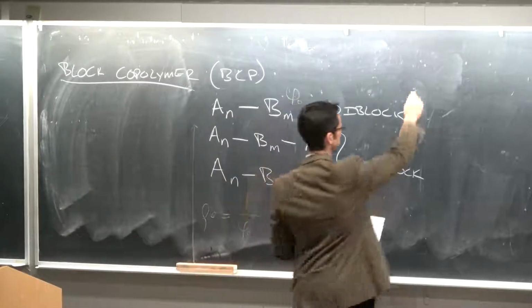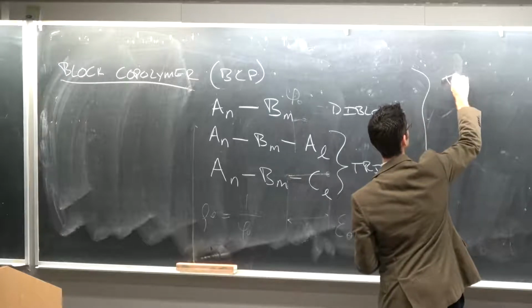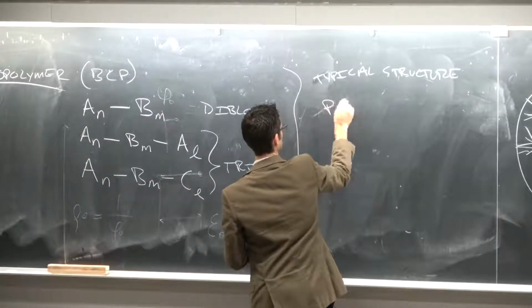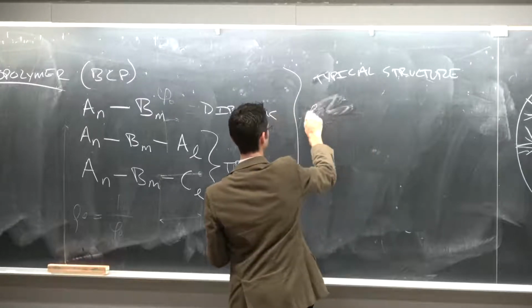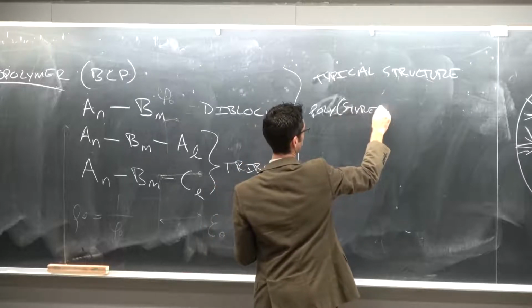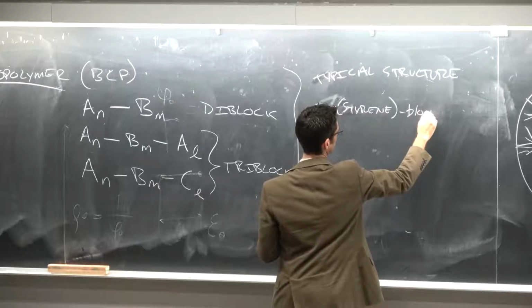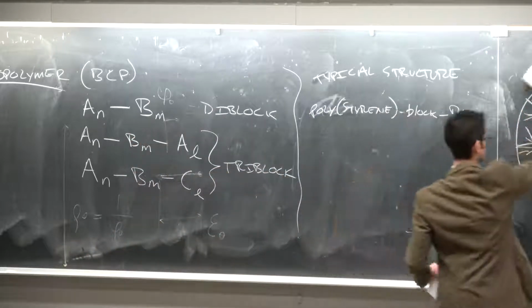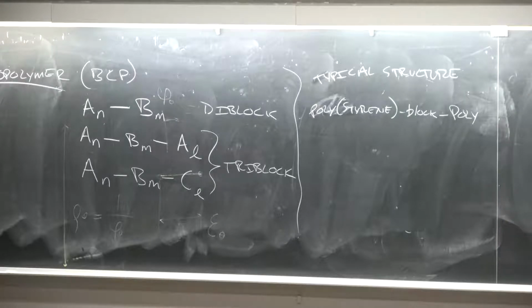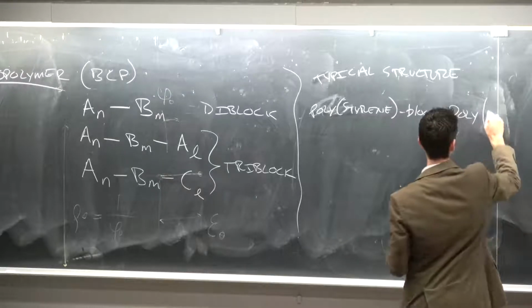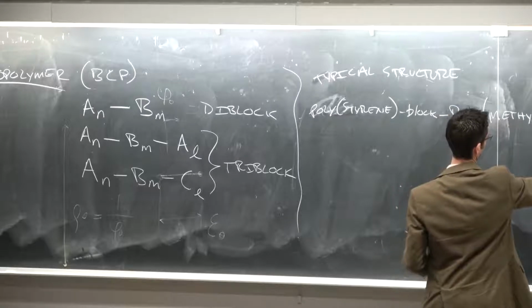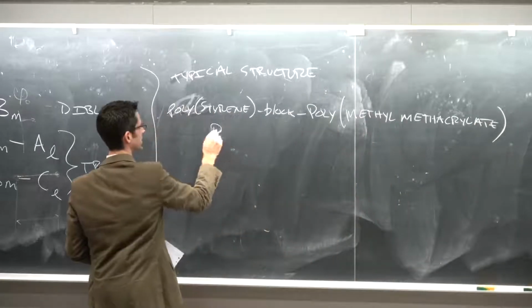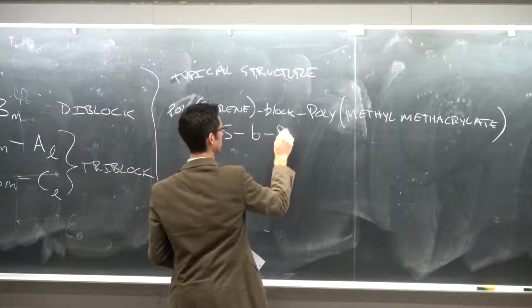And so a real material, a typical one, say polystyrene block polymethyl methacrylate, would be written PS dash lowercase b dash PMMA.